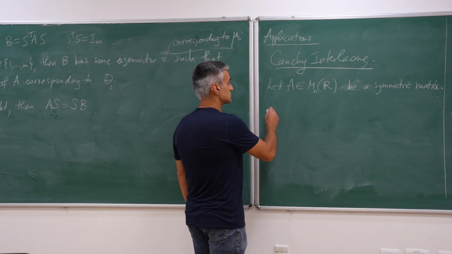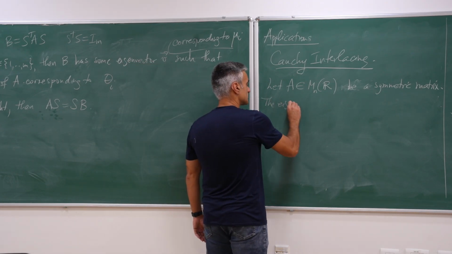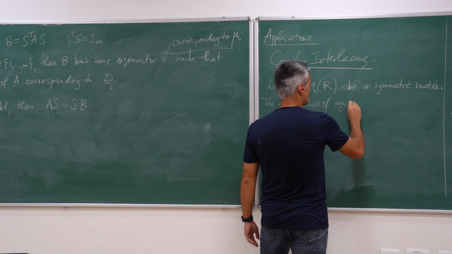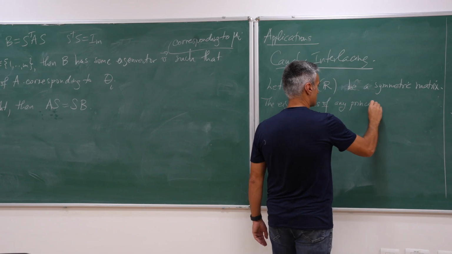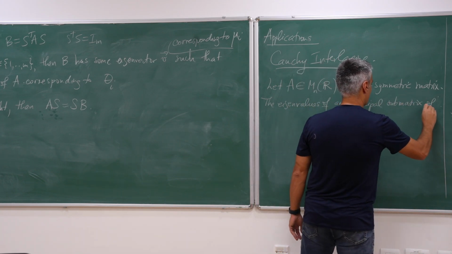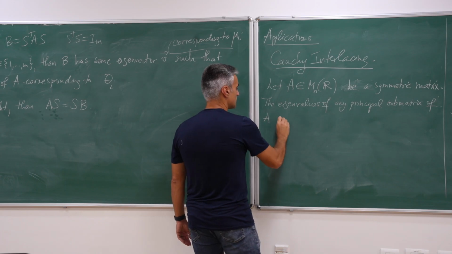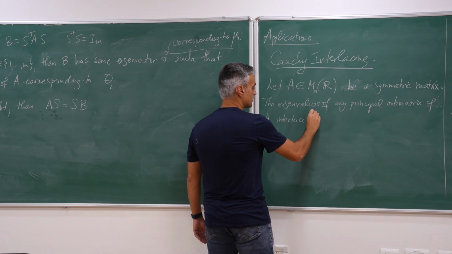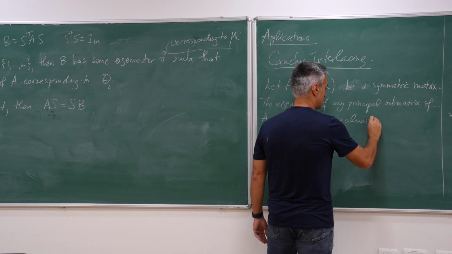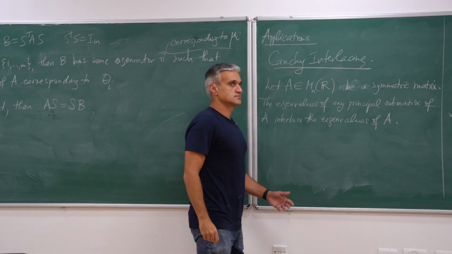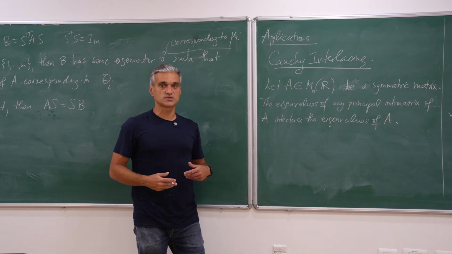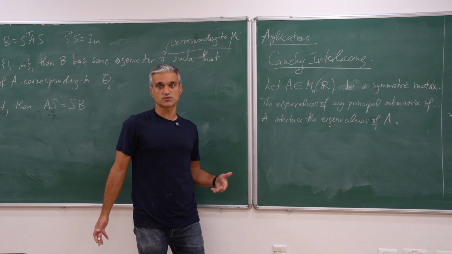So what happens is the eigenvalues of any principal submatrix of A interlace the eigenvalues of A. Equivalently, if you have any real and symmetric matrix, you delete some rows and you delete the same columns.